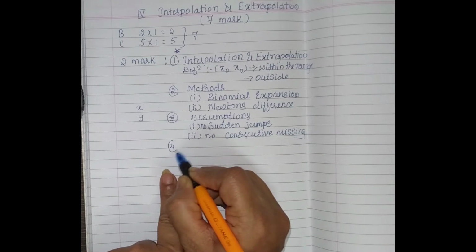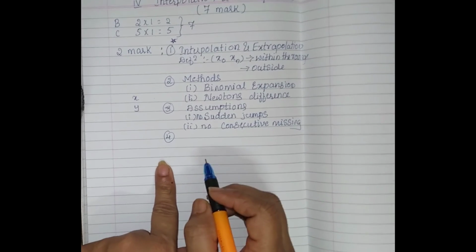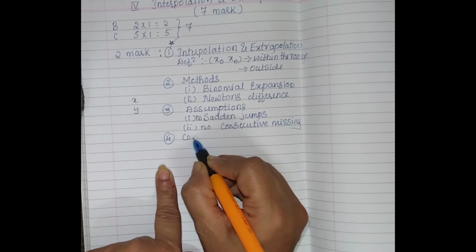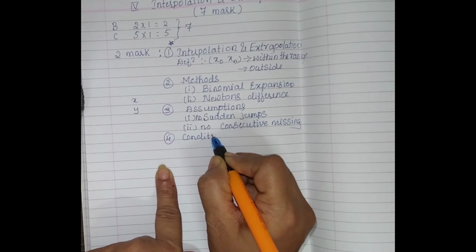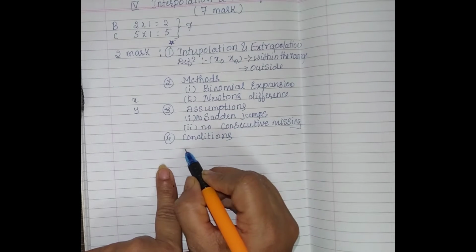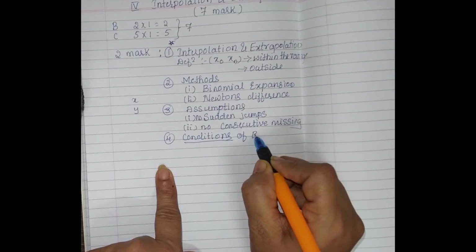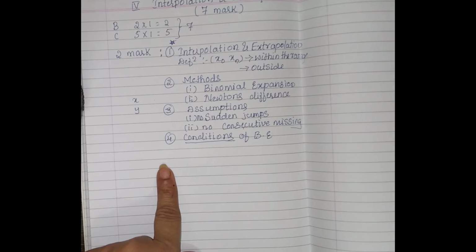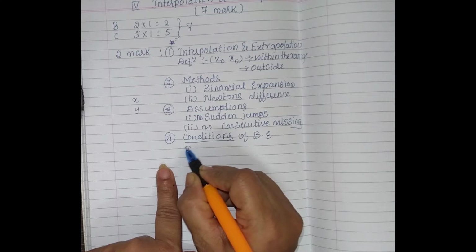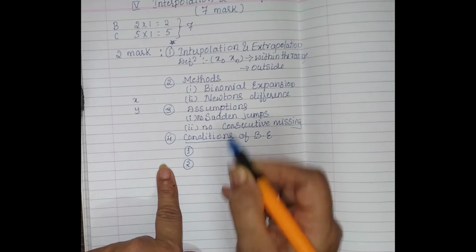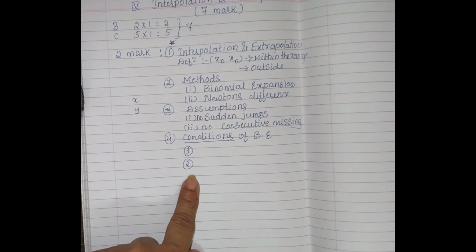And the fourth question is the conditions for application of the binomial expansion method. They may ask what the conditions are for the binomial expansion method. There are two conditions, and you have to write both.